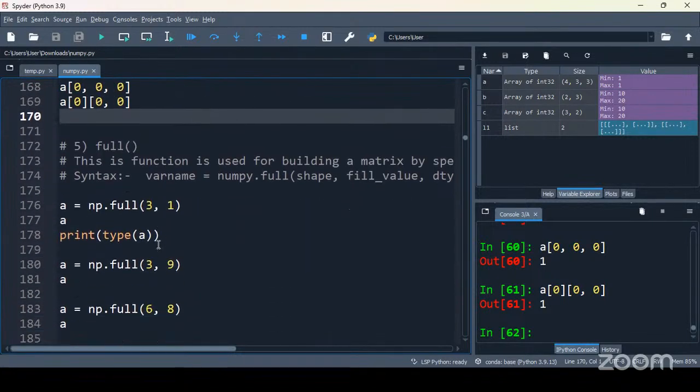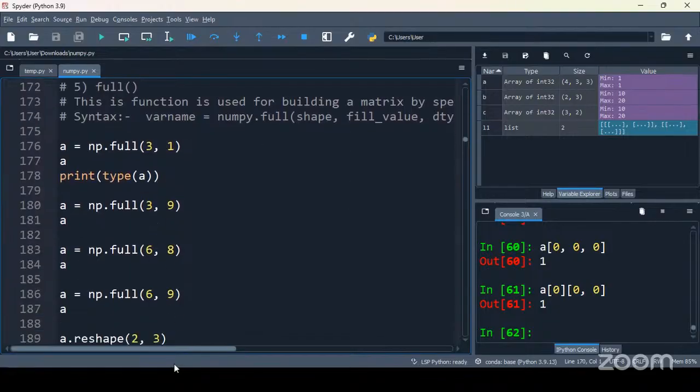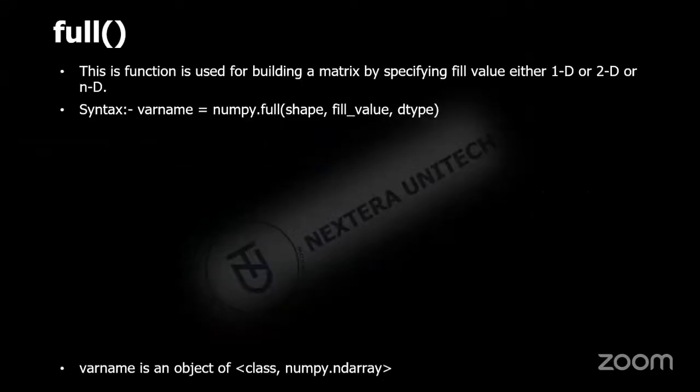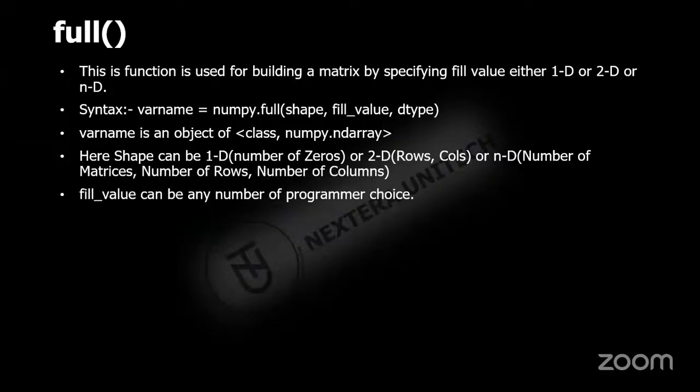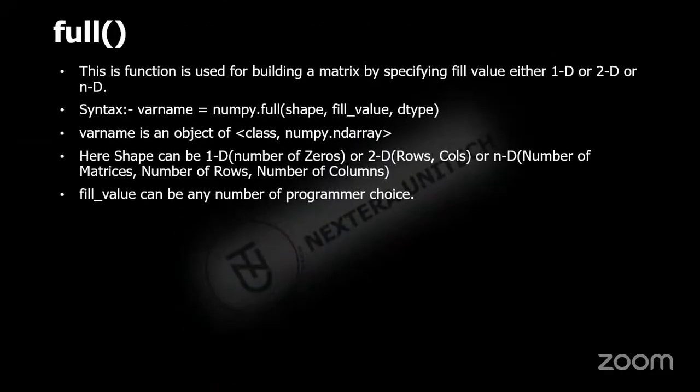Let us go with the next function called full. What does the full function do? So far we understood the zeros function and the ones function. Next to the ones function, we have the full function. The full function helps us build a matrix with whatever fill value that we specify.